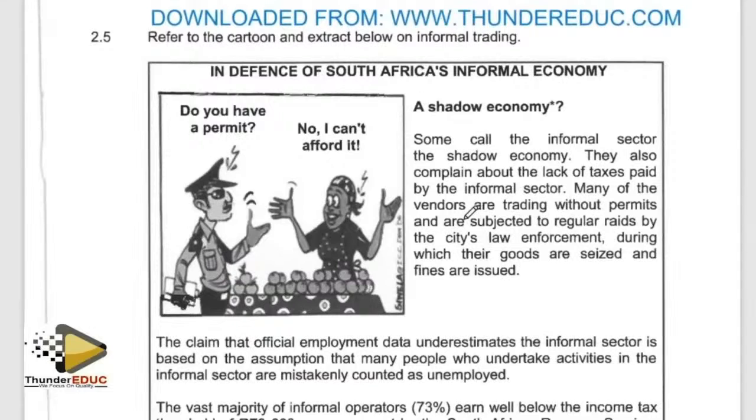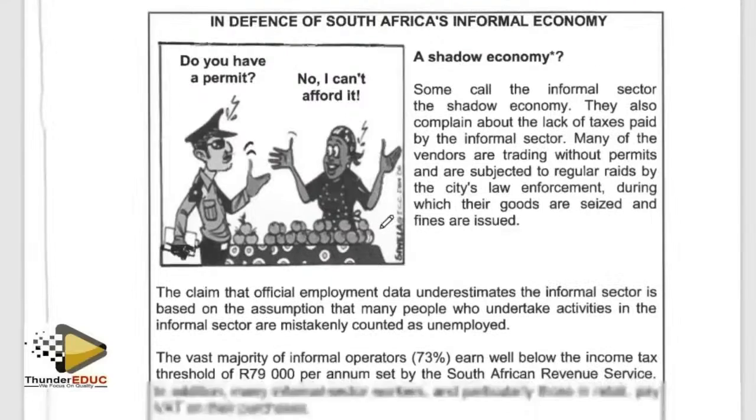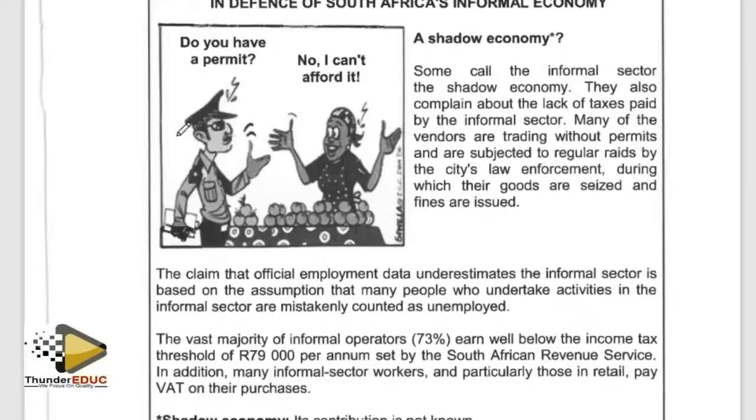2.5. Refer to the cartoon and extract below, which is on informal trading in defense of South Africa's informal sector. Here is a cartoon. The police officer is coming to someone who is selling, maybe on the street. Then he's saying, "Do you have a permit?" The lady is replying, "No, I can't afford it." Obviously, it simply means she does not have a permit.